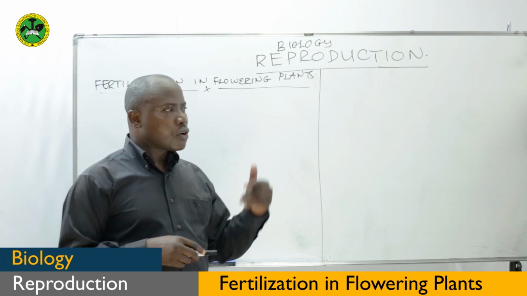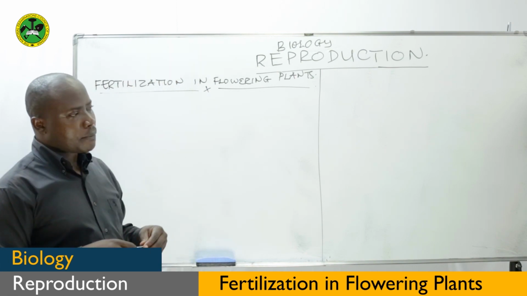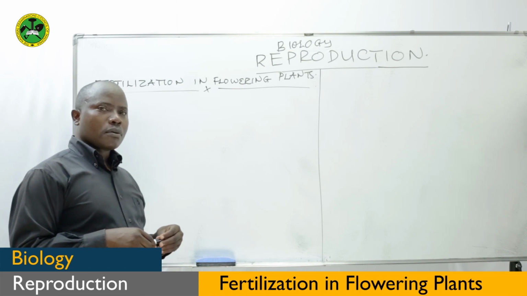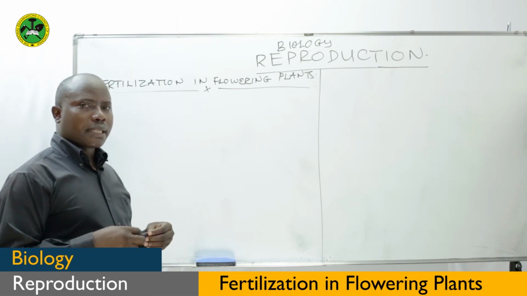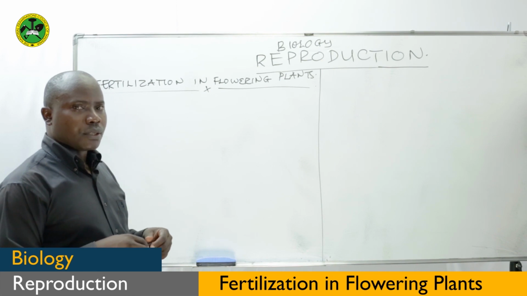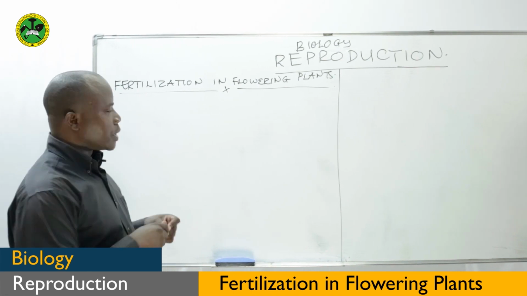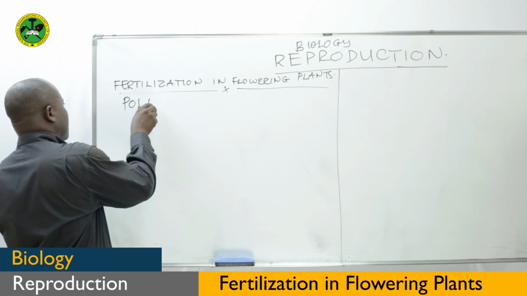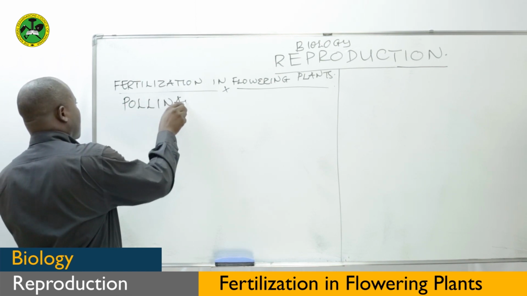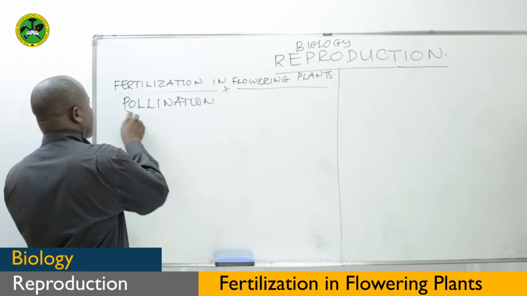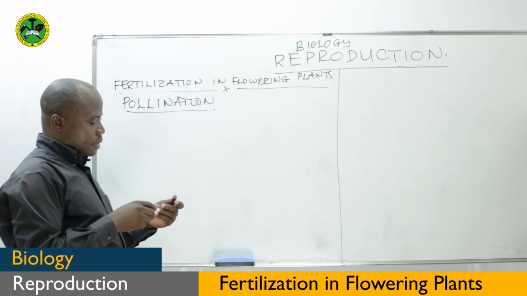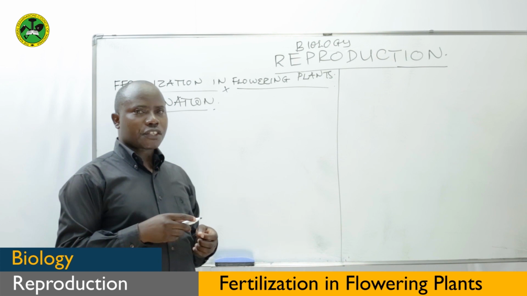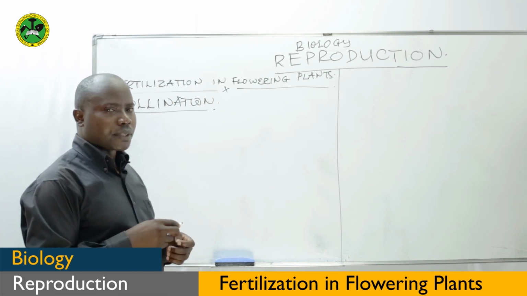But before we go into this concept, let us go back to another important aspect of fertilization known as pollination, because the pollen grains must be transferred from the anther to the stigma.